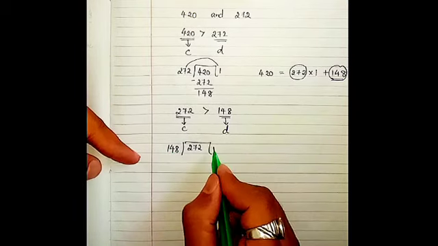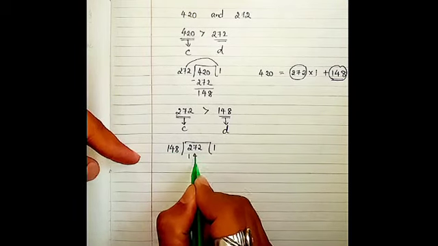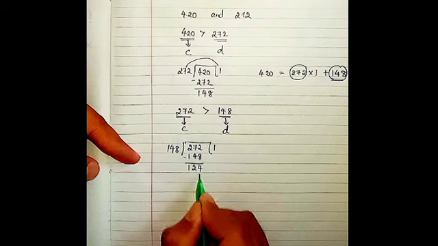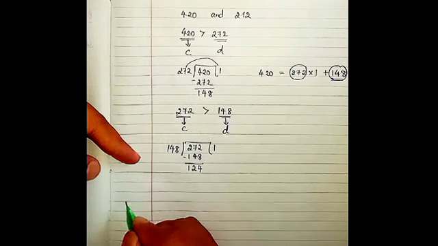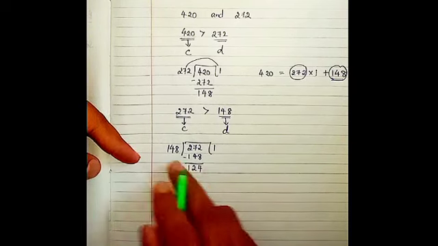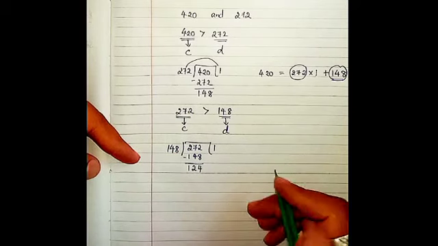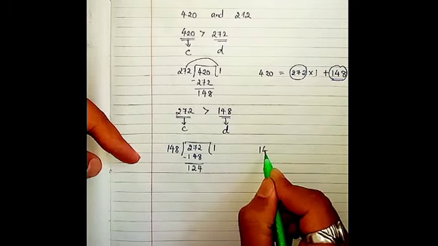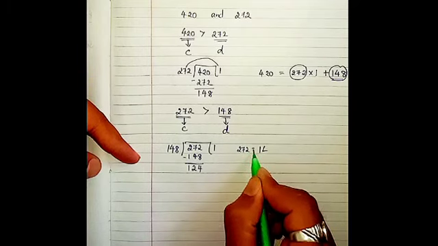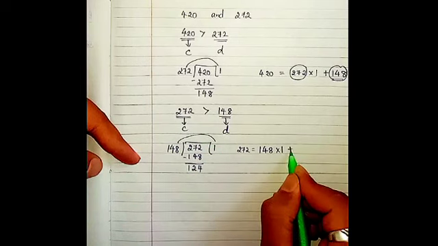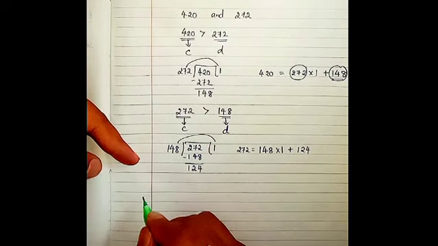So 148 ones are 148. Now if I subtract, I will get remainder 124. Clear? So this value is again smaller than this, so no further division is possible. So I will again represent this 272 as 148 multiplied by 1 plus 124.